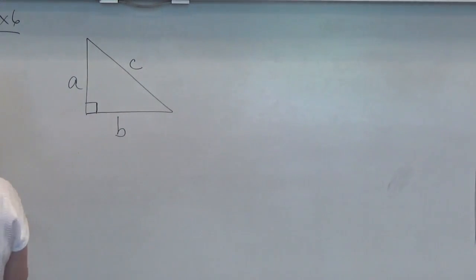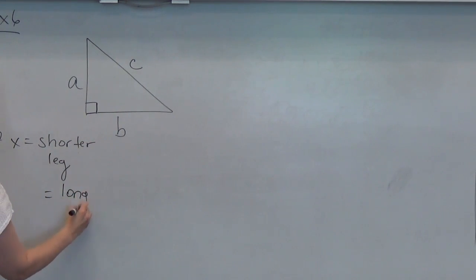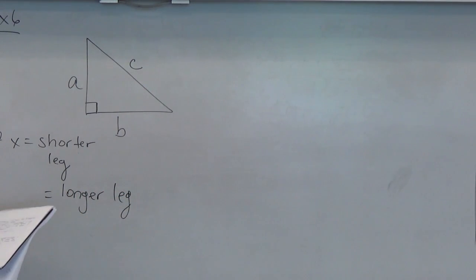So we're going to let x equal the shorter leg. How can we express the longer leg? It said it was a difference of 2 feet. So we'll say x plus 2 is the longer leg.